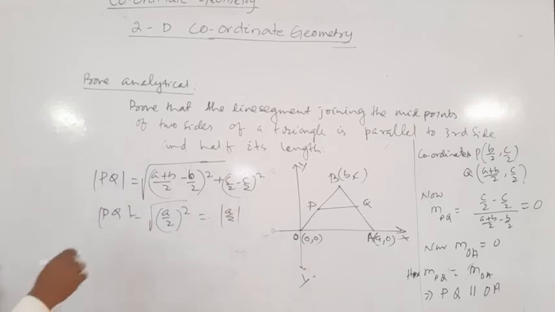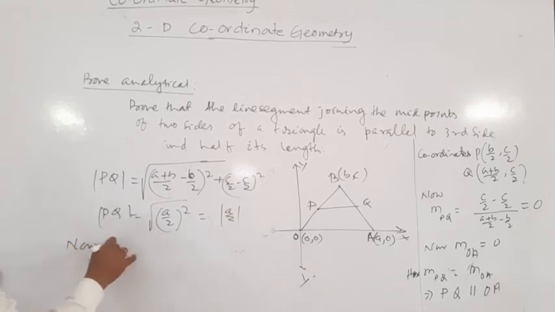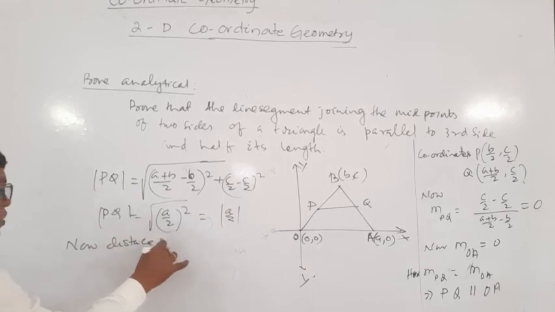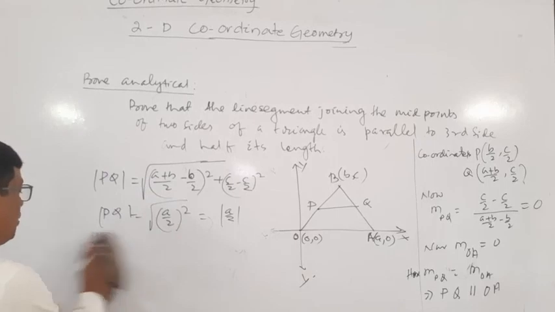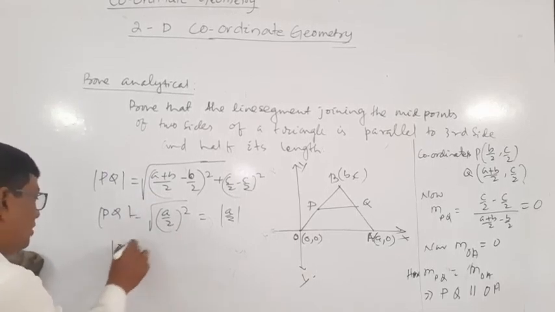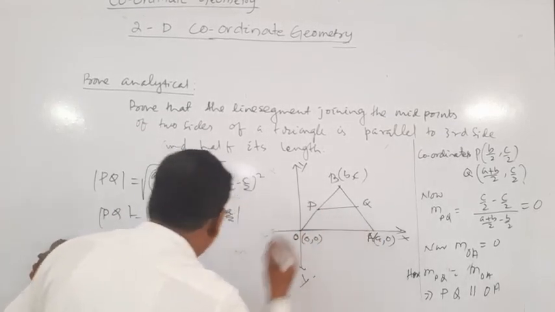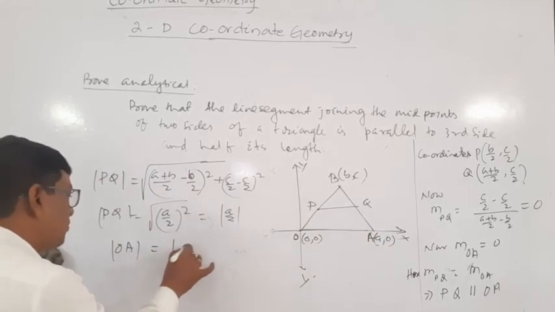Now the distance of OA, or length of OA, is a units, so its distance is mod of a.